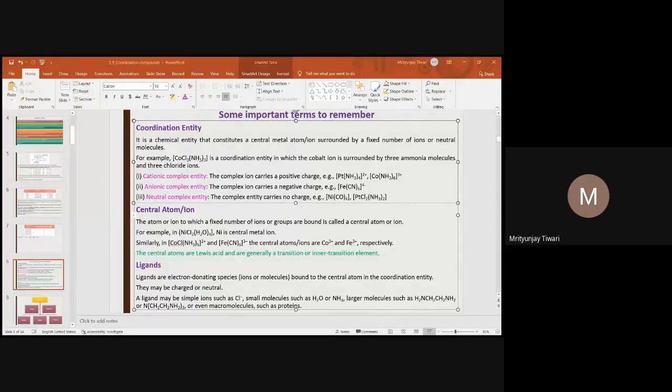For example, if ethylenediamine forms a complex, there will be one chelate formation, only one ring. However, with this other ligand you will see chelate ring formation with four donor atoms: one CH2NH2, CH2NH2, another CH2NH2, and so on.